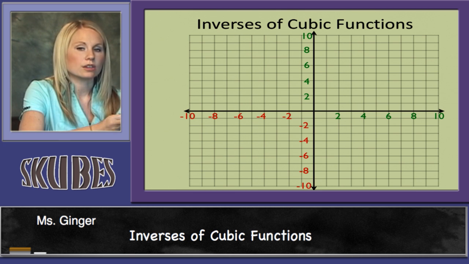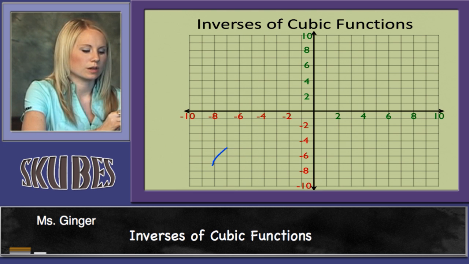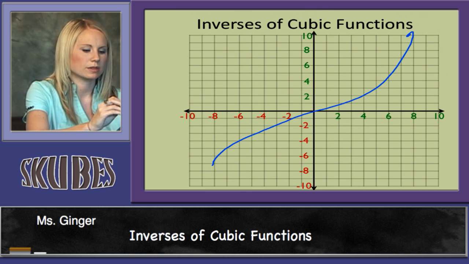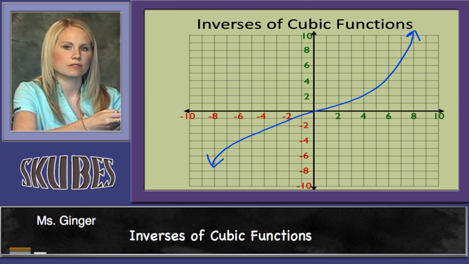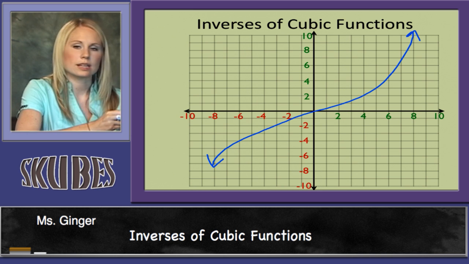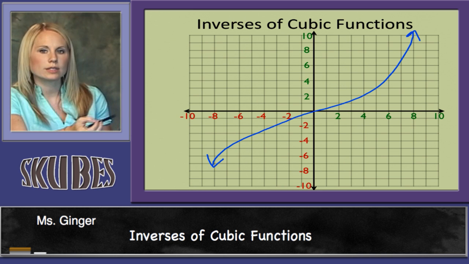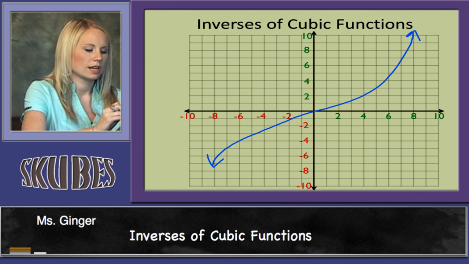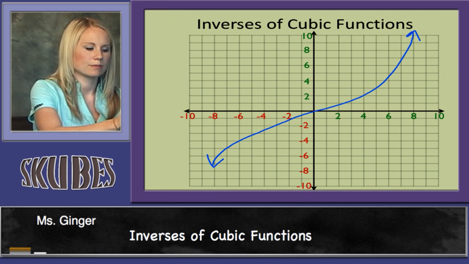So when we look at the cubic function, the normal curvy cubic function, something like this, which is a function, you may remember talking about a test you can perform to find out if something you're looking at is a function, and that was called the vertical line test.